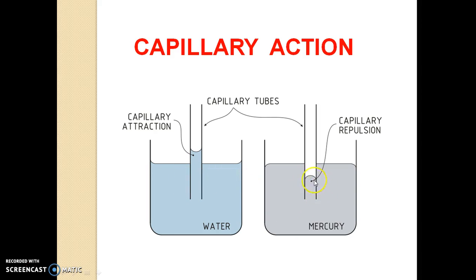Now take the case of mercury in contact with glass. Mercury does not stick to glass, because in case of mercury in contact with glass, the cohesive force is stronger than the adhesive force.